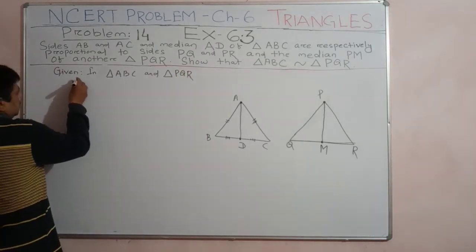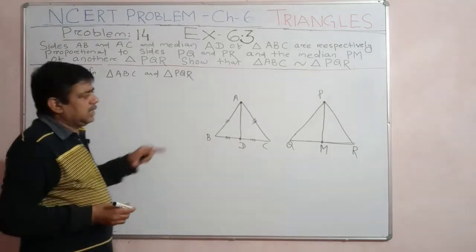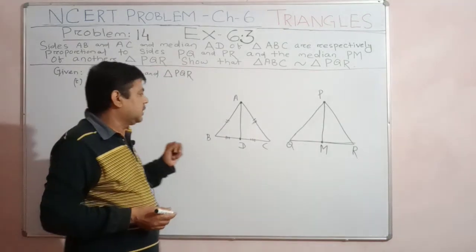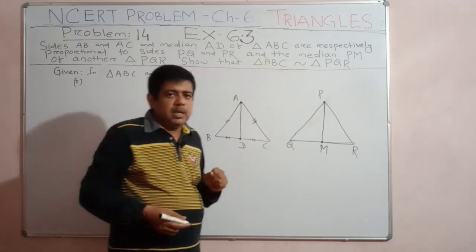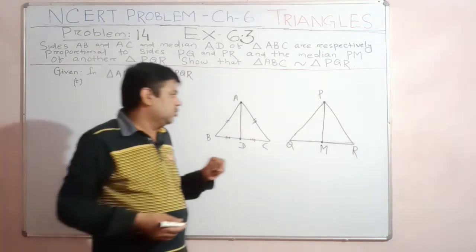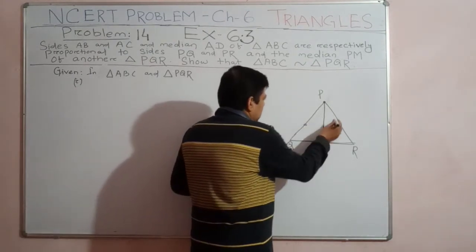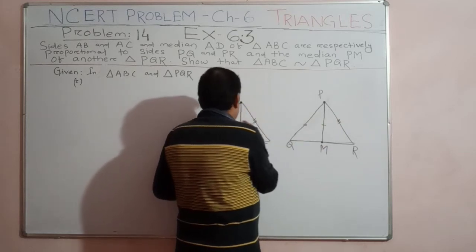The sides AB and AC and the median AD of triangle ABC are respectively proportional to the sides PQ and PR and the median PM.